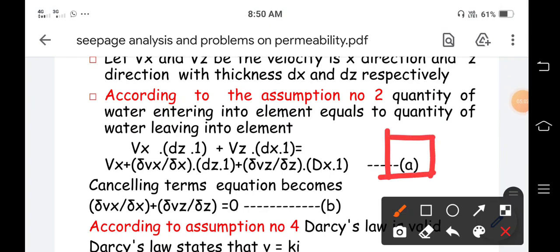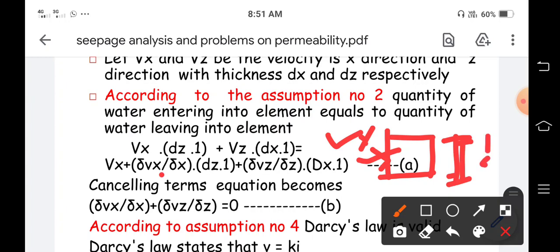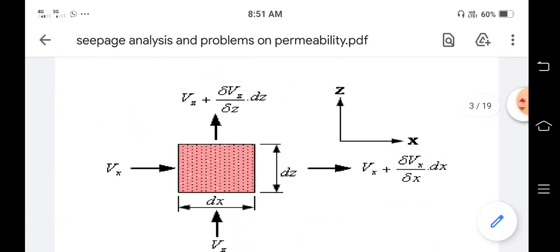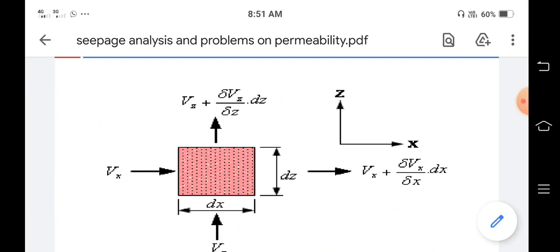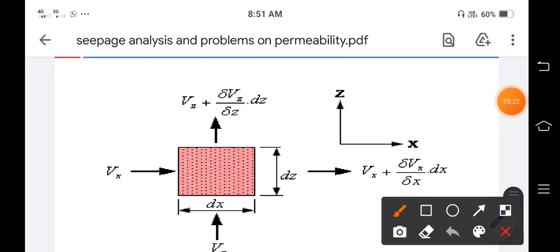So these are the components. While entering, it enters this whole area, that is phi x, and this side is dz. Let us see this diagram.